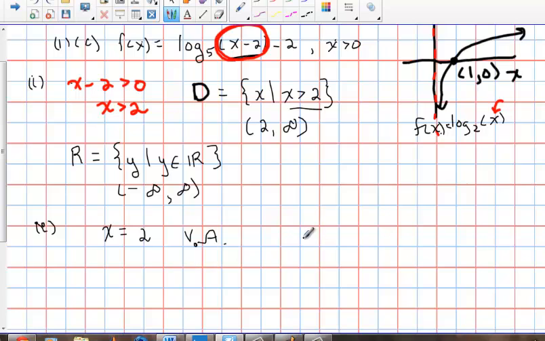Now we want to find the intercepts. So we know that the x-intercept is when y equals 0. So let's go ahead and plug in 0 for y, so we have 0 equals log base 5 of (x minus 2) minus 2. So what we need to do is isolate x, so we'll add 2 to both sides.